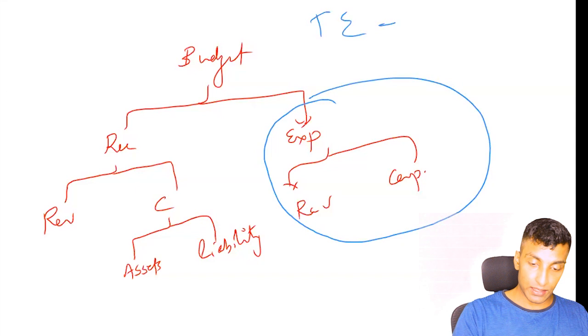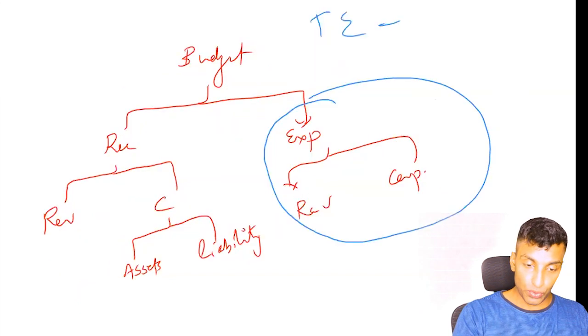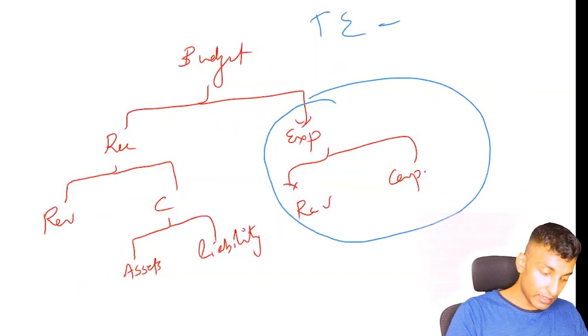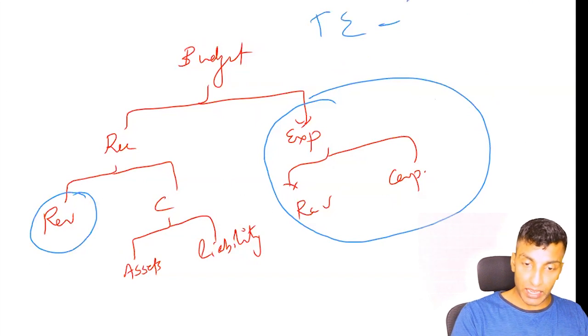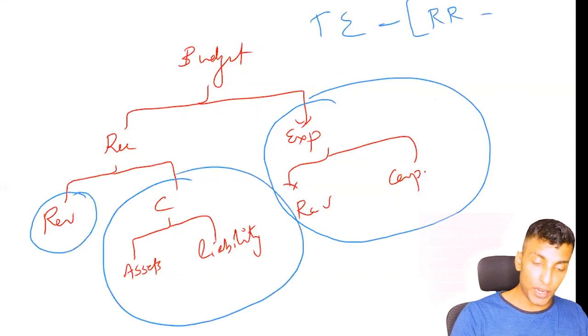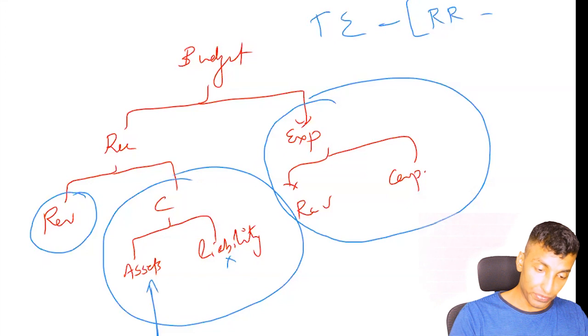Then minus, I am taking revenue receipts from the receipt side. This I will take, correct? And then minus revenue receipt, can I take the capital receipt completely? No. This liability portion I need to exclude, right? So I will take the assets only, this only.